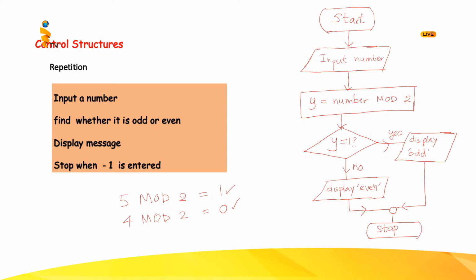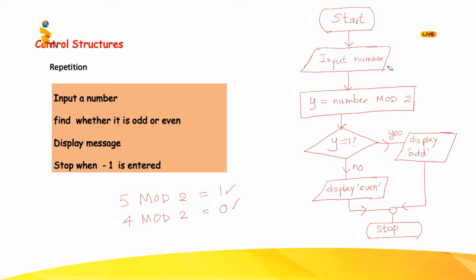Now we will once again go through this. I have drawn a flow chart for this given algorithm. I have used start and stop symbols to indicate the start and stop. I have input a number. Input a number is inside the correct symbol, which is a parallelogram.